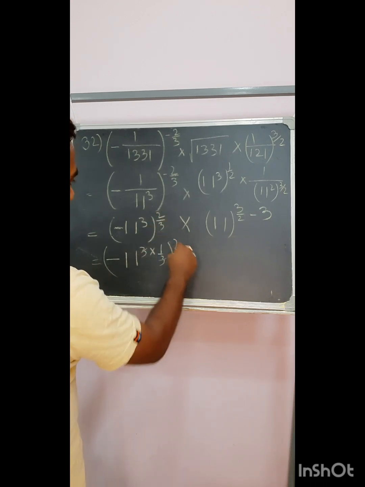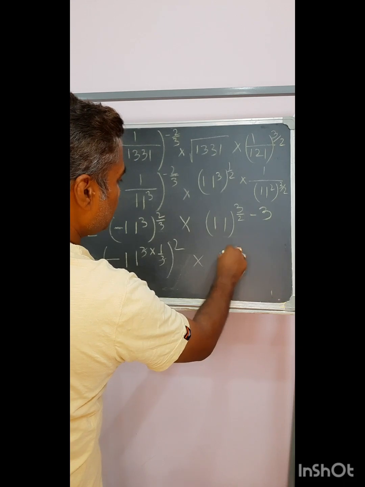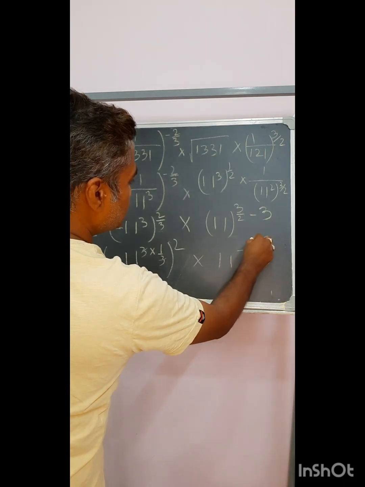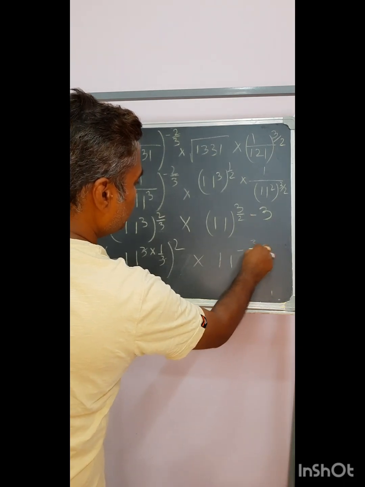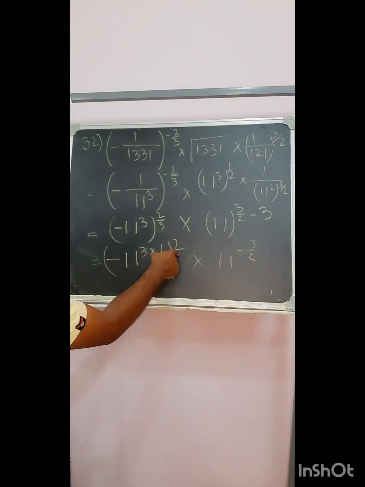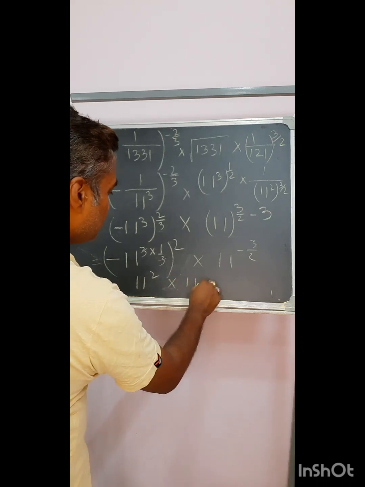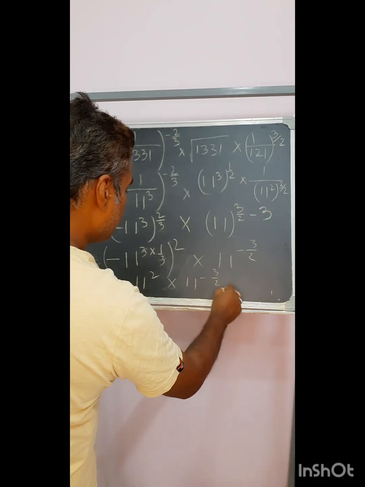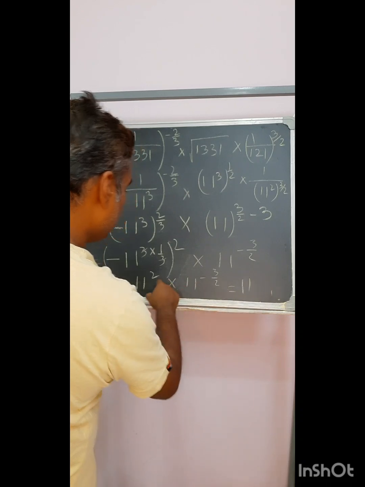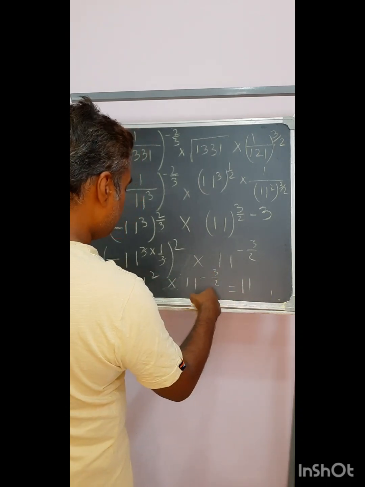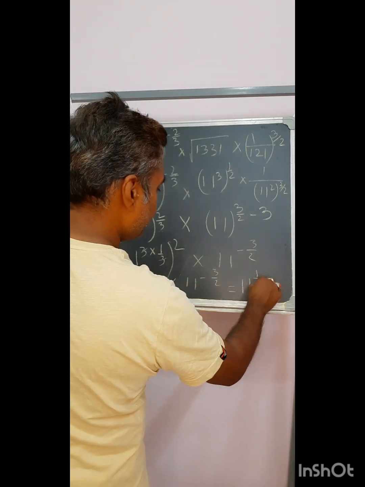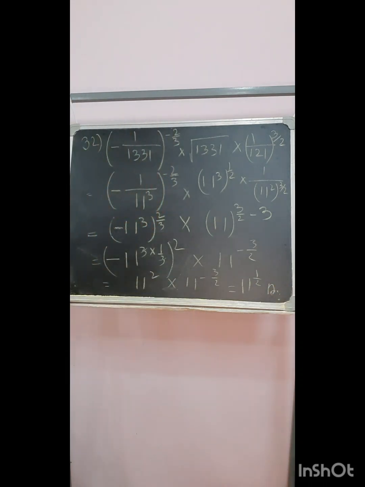But the square I am not doing right now. The remaining I will keep as it is, minus 3 by 2. Here you can see for the square, this minus will be positive. That means 11 squared will come. This will give you 11 to the power minus 3 by 2, and ultimately it will be 2 minus 3 by 2, that means half will be the answer.